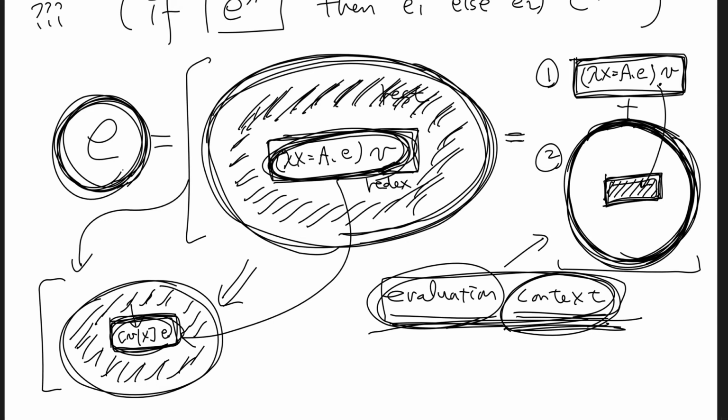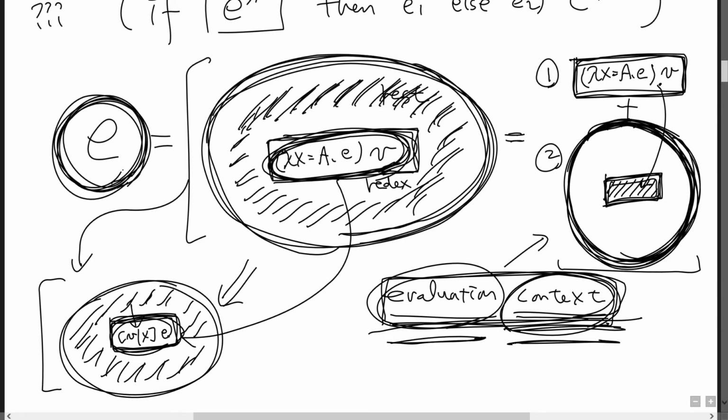And again, the second component is called evaluation context for good reason. It's literally the context in which the evaluation takes place. So that's the idea behind evaluation context. And the position of this hole indicates where the next reduction actually takes place.